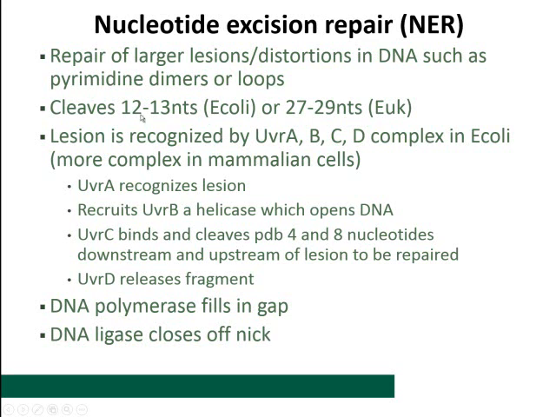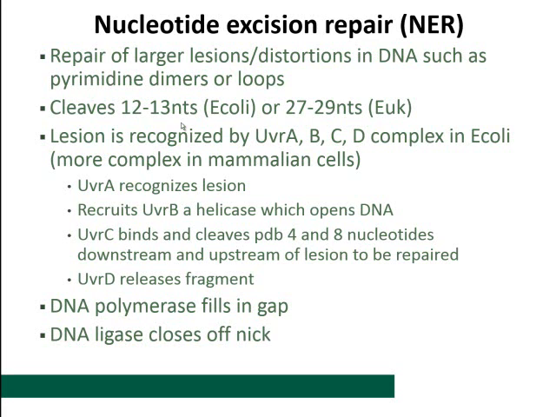This repair system cleaves 12 to 13 nucleotides, or 27 to 29 nucleotides in eukaryotes. The lesion is recognized by a system of enzymes that consists of 4 enzymes, UVRA, B, C, and D, and this is the system that is in E. coli. So UVRA recognizes the lesion and then recruits UVRB, which is a helicase. Helicase then opens up the DNA where that lesion occurs.